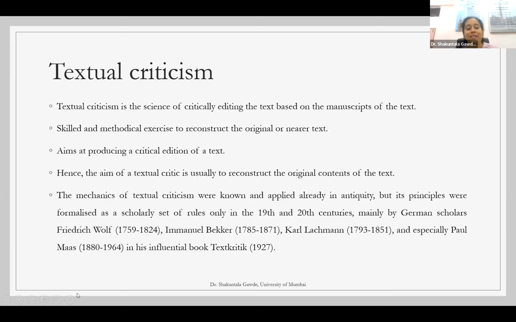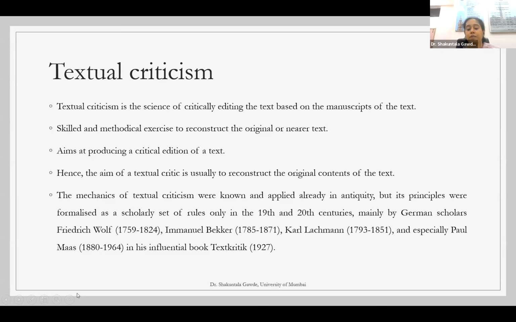So in order to create the critical edition, one has to search, analyze all available manuscripts of that particular text. Because then only it will be possible to go towards the original contents of the text, reconstruct the original contents of the text. So there is some certain methodology for that.